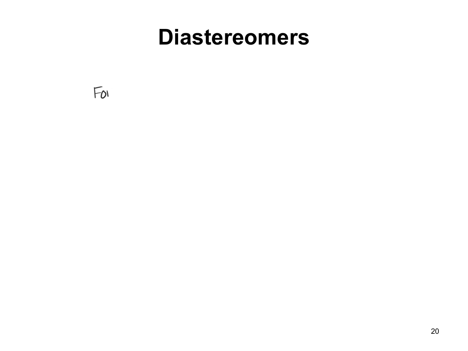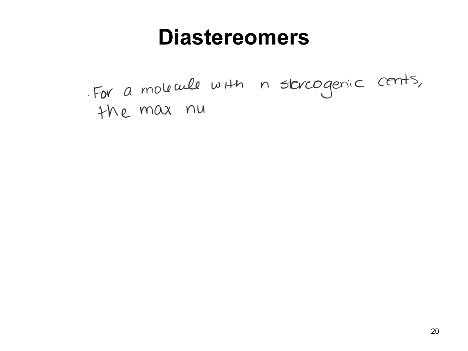So for a molecule with n number of stereogenic centers, the max number of stereoisomers is 2 to the nth.